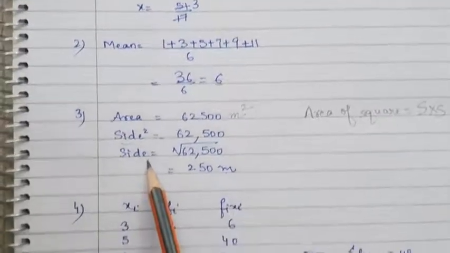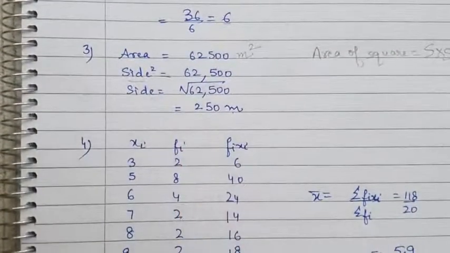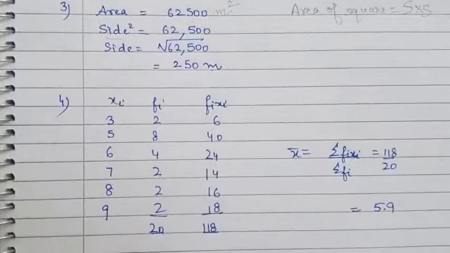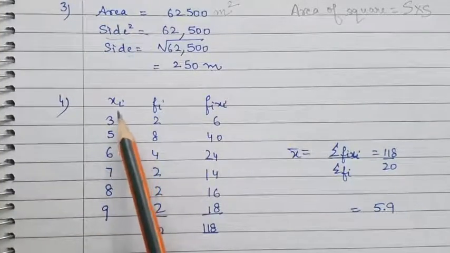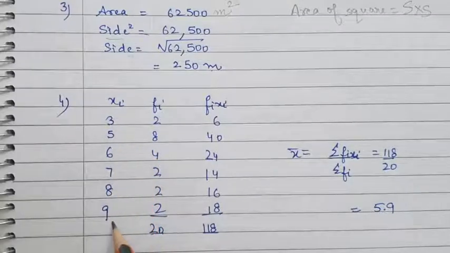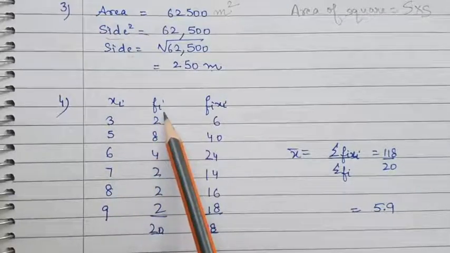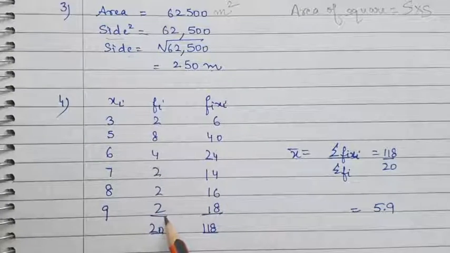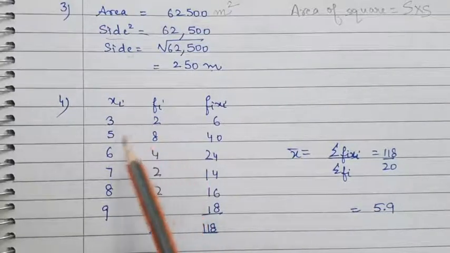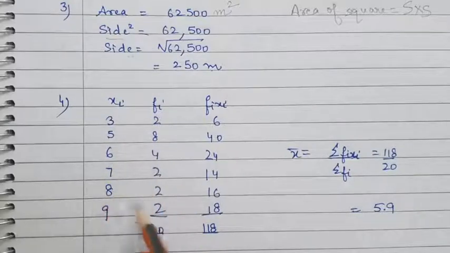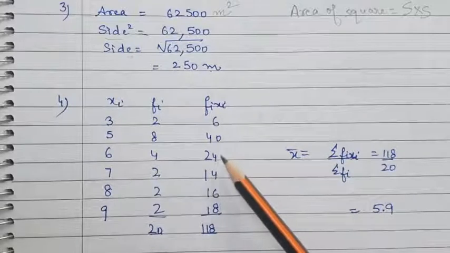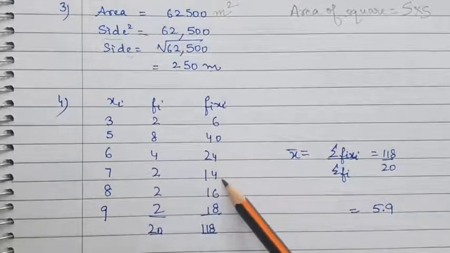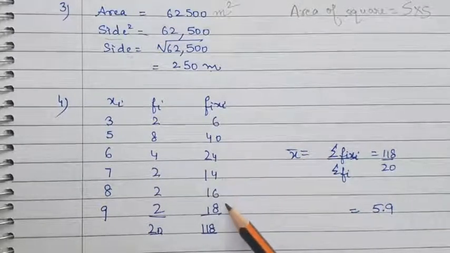In the next question we have to find the mean, and data is given to us, that is xi, and the frequency is also given to us. We know the first step, we will multiply x into f. So we get 6, 40, 24, 14, 16, 18.